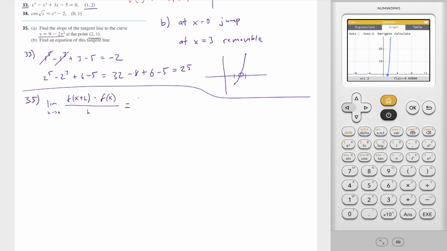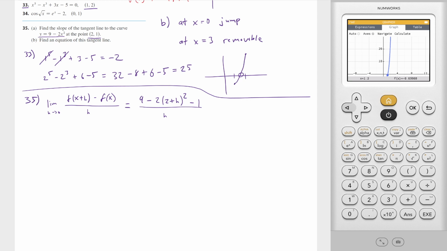And so this gives me 9 minus 2 times (2 plus h) squared minus f of 2, and we know from the problem description, the fact that (2, 1) is one of the points, if I input 2, the output would be 1, and you could always test that as well. So f of 2 is 1. All right, and then this is all divided by h.